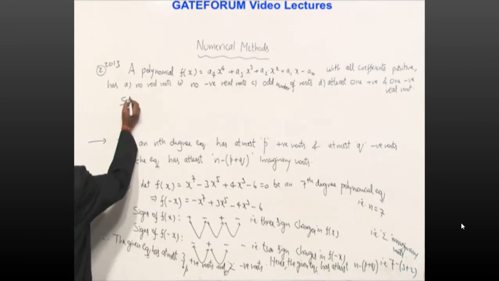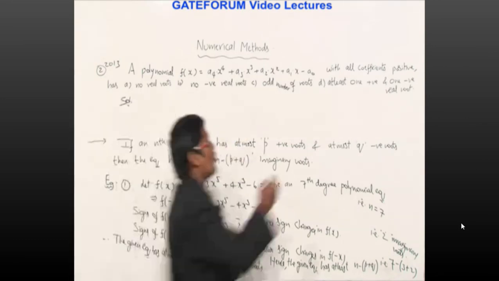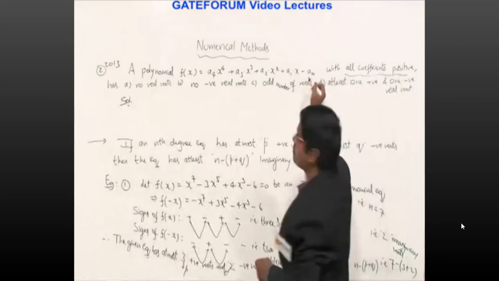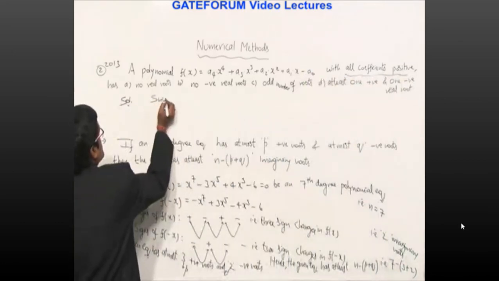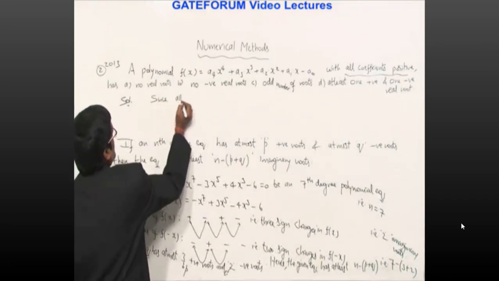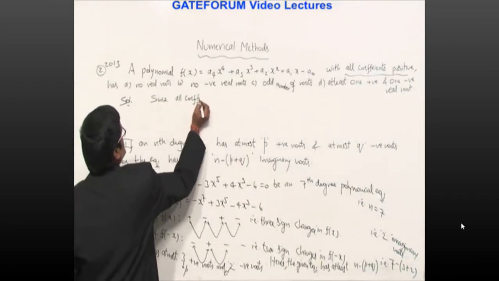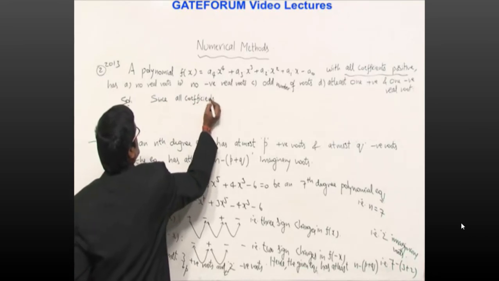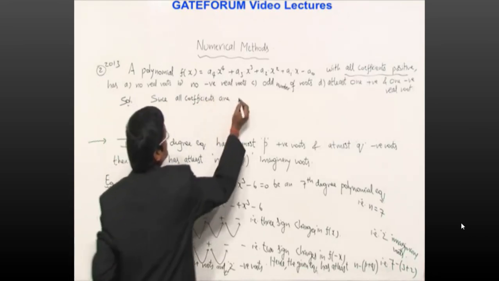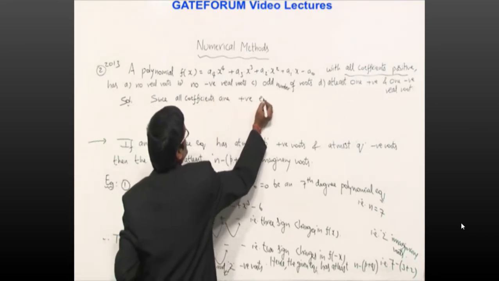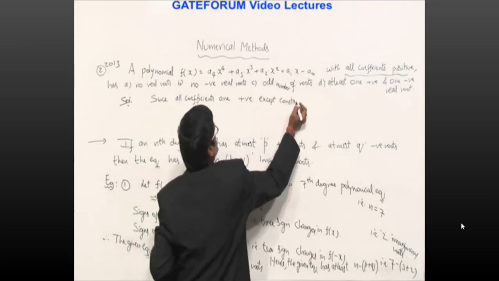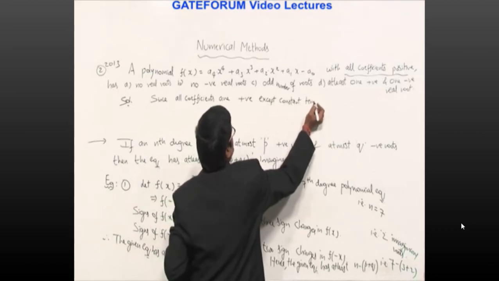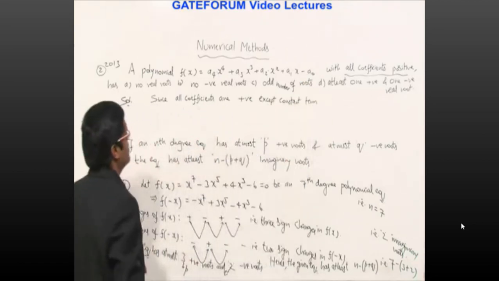See solution. Here it is given all the coefficients are positive, but the constant term is negative. Since all coefficients are positive except constant term, that is minus a naught is negative, okay.